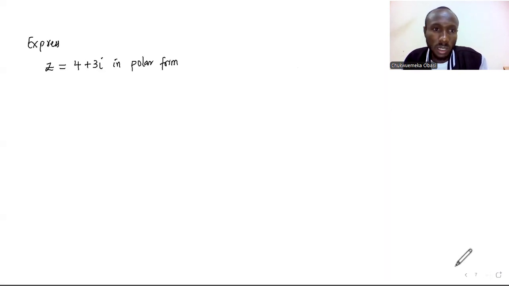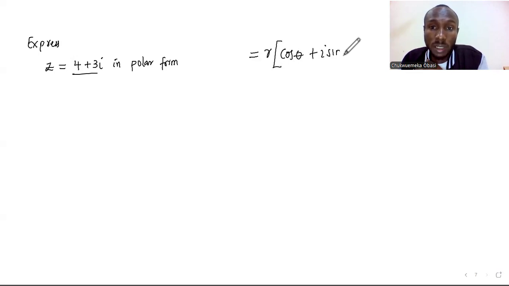Now let's go to the last question here. We want to write this complex number in its polar form, right? How do we go about that? What is polar form? The polar form is going to be in the form of r times cos theta plus i sine theta.